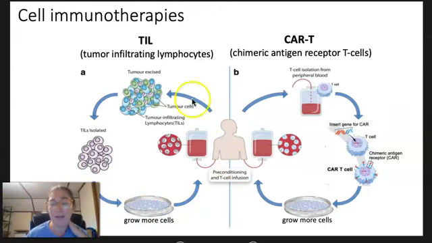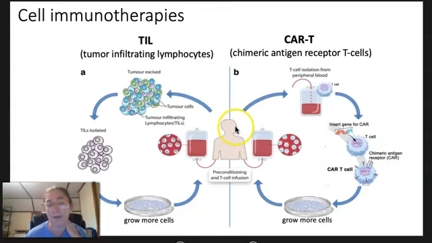And these work well, but it's time consuming, it's labor intensive, it's expensive, and has to be done for each patient. So you can't scale this up. This is patient specific and very tailored, but it can be very successful.